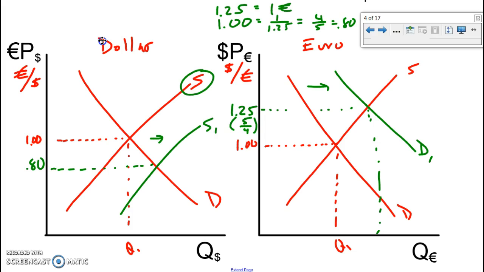So in this foreign exchange market, the people who are supplying dollars are the people who are demanding euros. And if you want to buy more euros, you have to supply more dollars. Likewise, the supply over here is the supply of people who are willing to trade their euros for dollars. They're the same as the people who are demanding dollars. So those two graphs are going to be very closely linked. If demand shifts in one, supply must shift in the other.